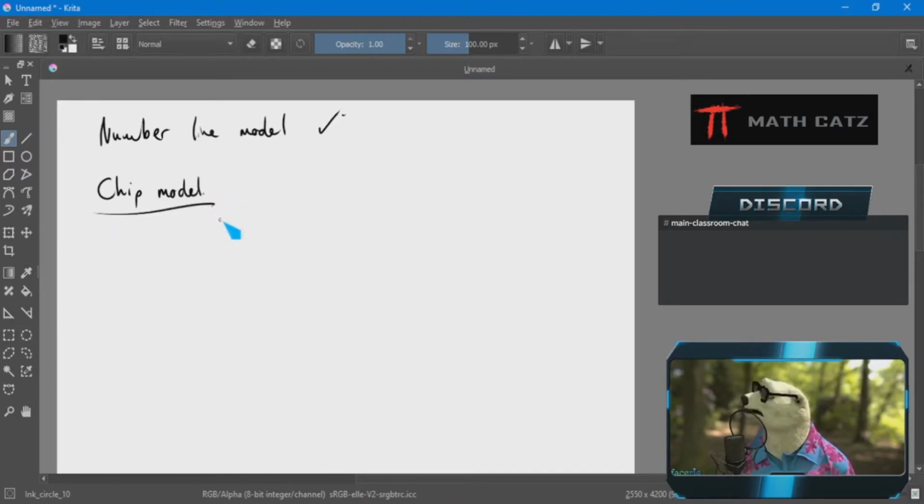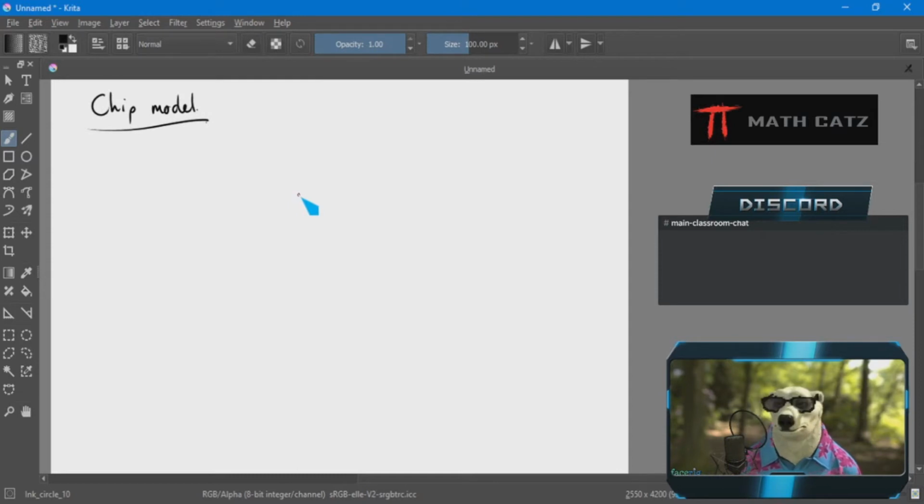Some people like the chip model, some people like the number line model. It really doesn't matter. It's good to know your options so that if you work with a student and the number line just doesn't seem to be something that they can get on top of for some reason, you know that you have an option, try something else. You're not going to force that issue and make it unpleasant. So the chip model is an alternative. Maybe there are more, but these are the main two ones we'll discuss.